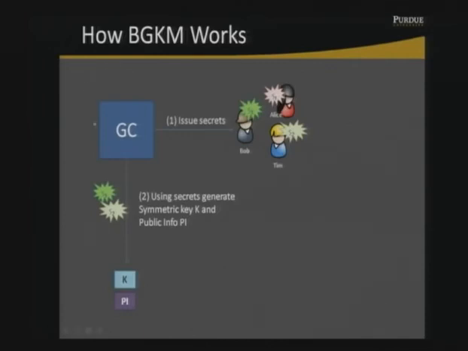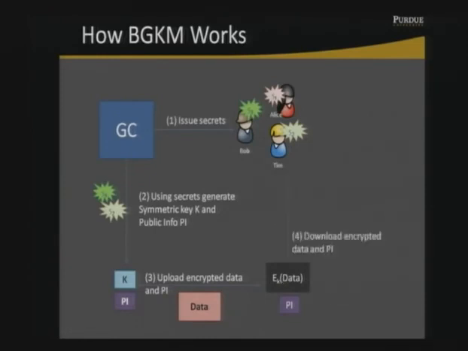The group controller creates public information that hides these secrets and the symmetric key inside it. Then it uses this symmetric key to encrypt the data and publishes it, maybe uploading to a public website. Now any user can download this encrypted document and the public information.